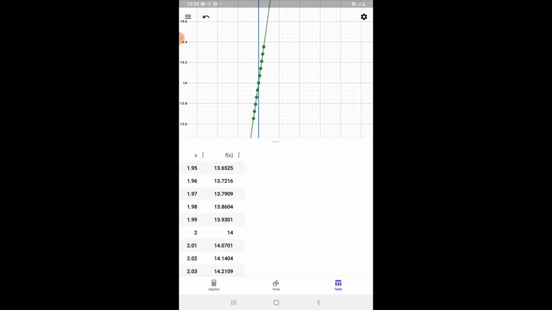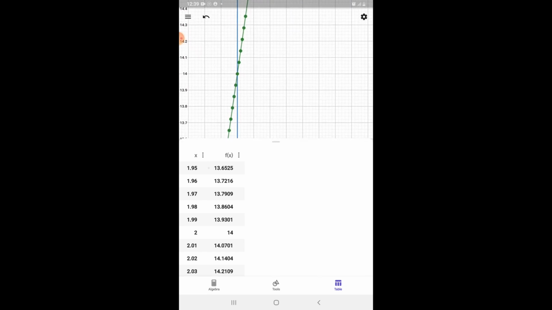And if you choose values greater than 2 but near 2, like 2.01, you can see that if you round it down, it is always equal to 14. So this proves the value of our limit that was solved from our calculation, which is that the limit of the function as x approaches 2 is equal to 14.